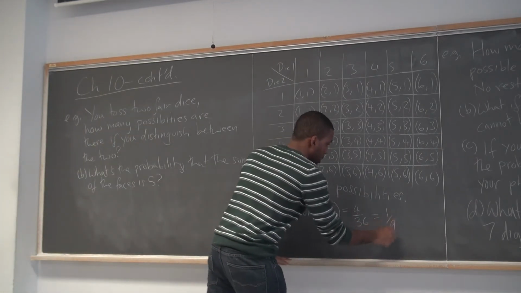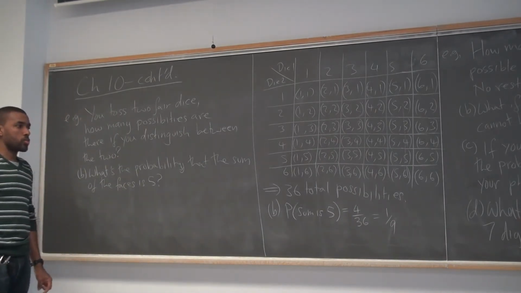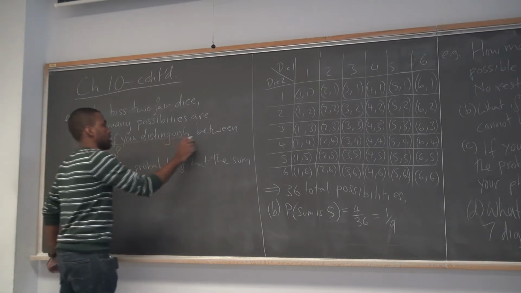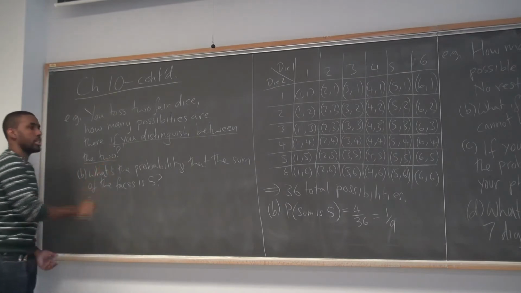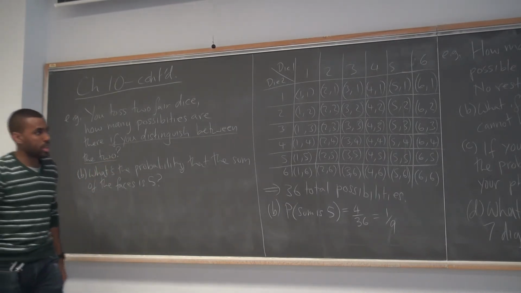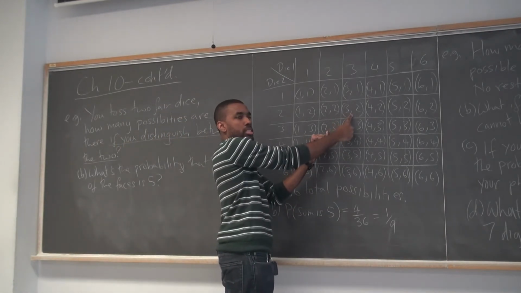Another thing you have to be aware of is you have to really be careful on how you're reading things. Like, for example, this sentence here is actually pretty important, right? Because that's basically saying we think of getting a 2 and a 3 and a 3 and a 2 as different outcomes, right?